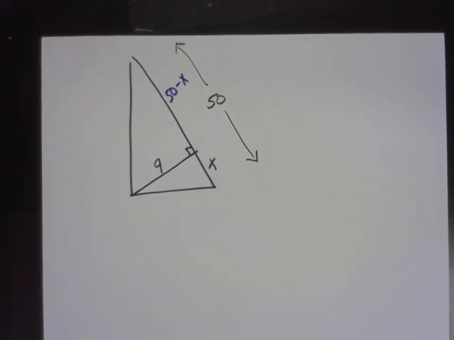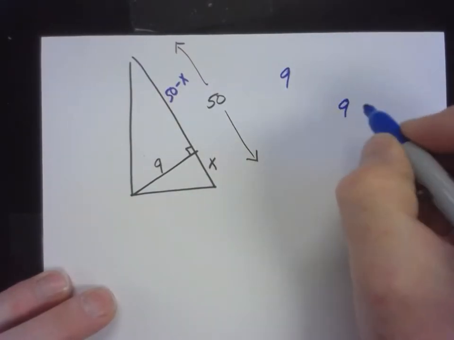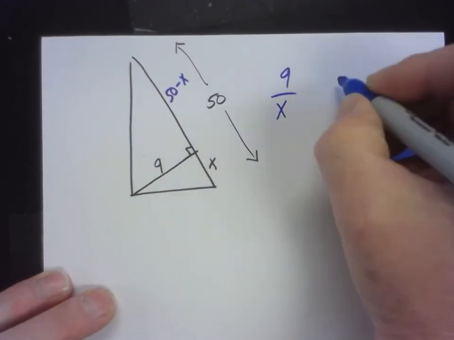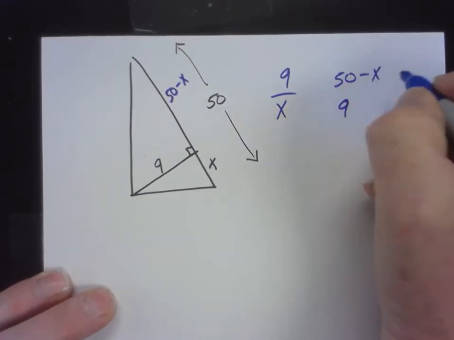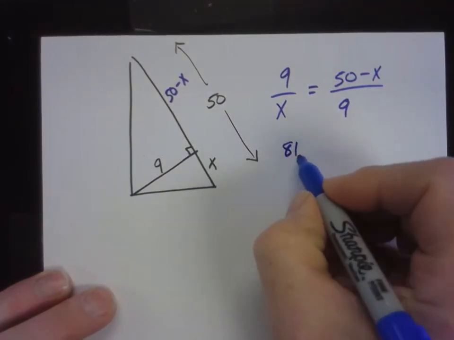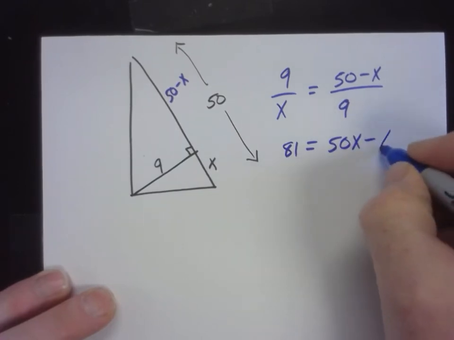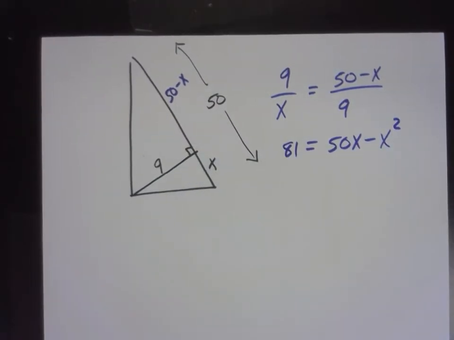You all did that fine. And we've talked about that a lot, haven't we, where we name something using the same variable, right? Okay, so 9 is the geometric mean of x and 50 subtract x. So 81 equals 50x subtract x squared. Right?